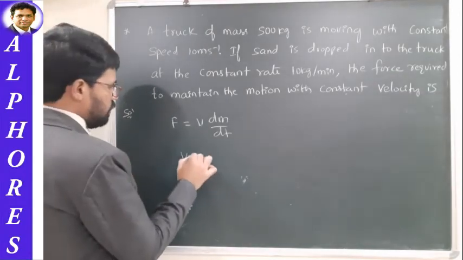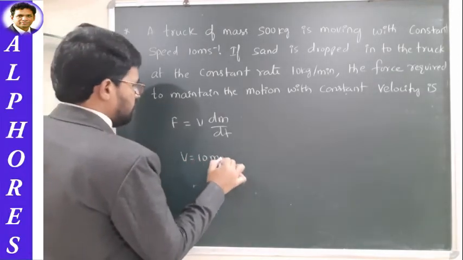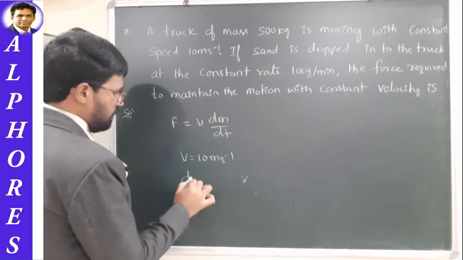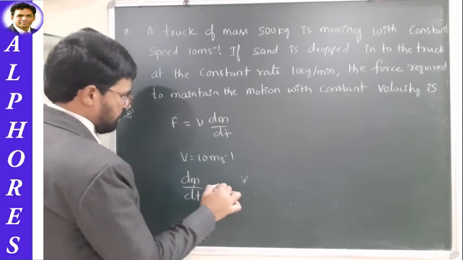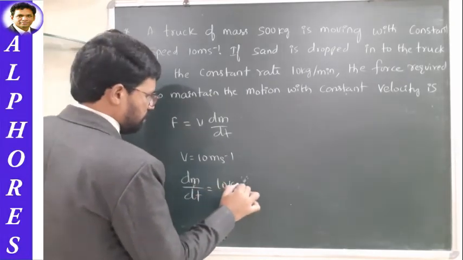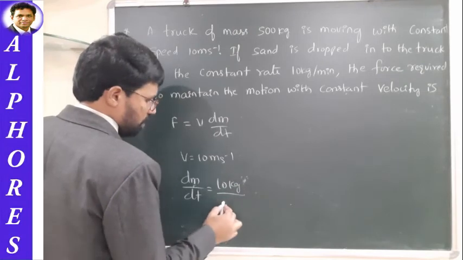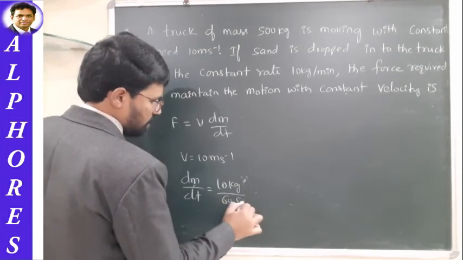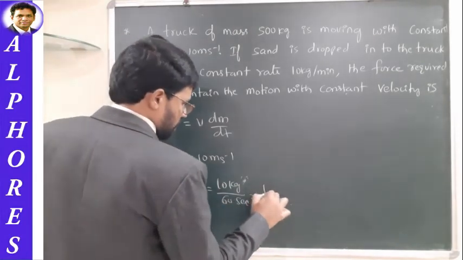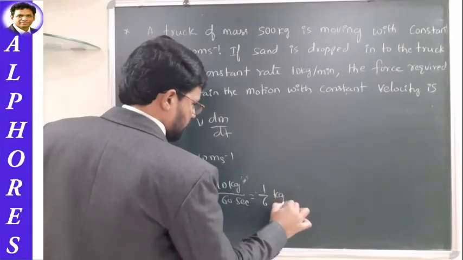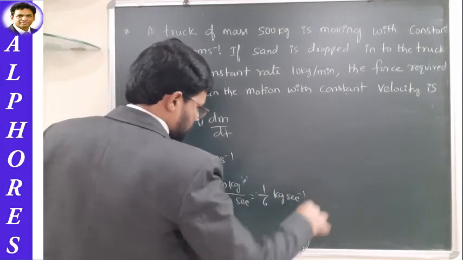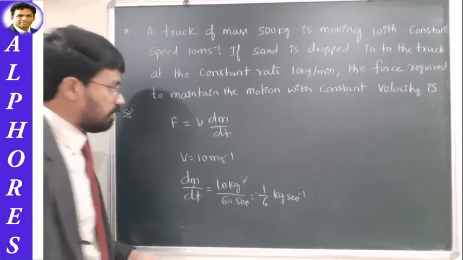And what is the constant velocity of the truck? 10 meter per second. And dm by dt is given as 10 kg per minute. In a minute, how many seconds will be there? 60 seconds, right? So you will have 1 by 6 kg per second. So this is the dm by dt value.